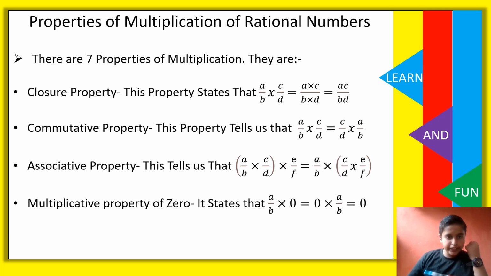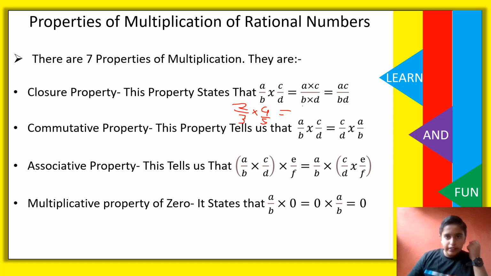Let's do it in the form of rational number itself. So taking 2 upon 3 into 4 upon 5 is equal to AC upon BD.